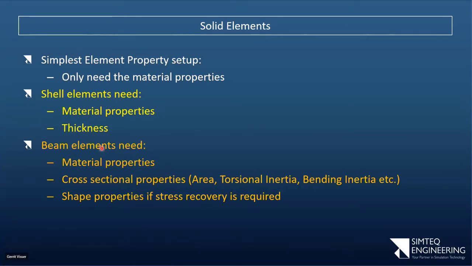The last one is beam elements. Visually they're the simplest, simply a line element connected between two nodes. We again need material properties, but we need a lot more properties.